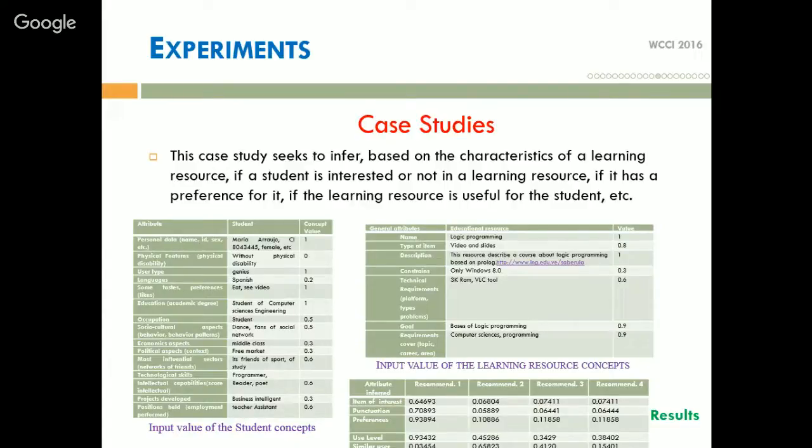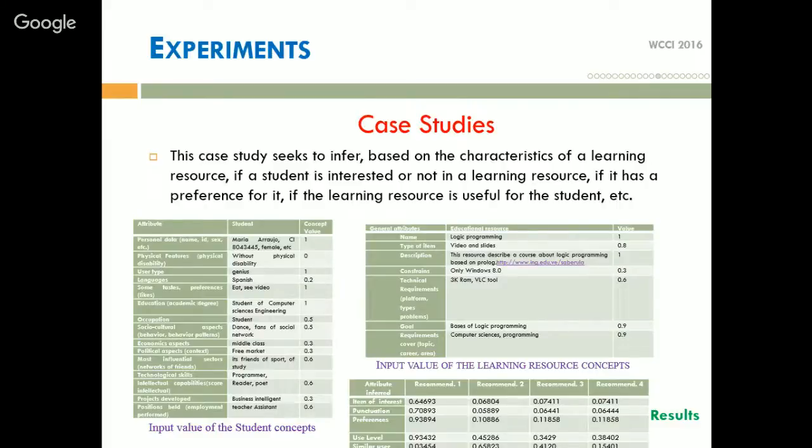For example, in this case, for this student concept and this specific learning resource, the first column represents the recommendation. For example, this item is not interesting for this student, because other users similar to this student have not used this learning resource much. This is the type of information that we can infer.